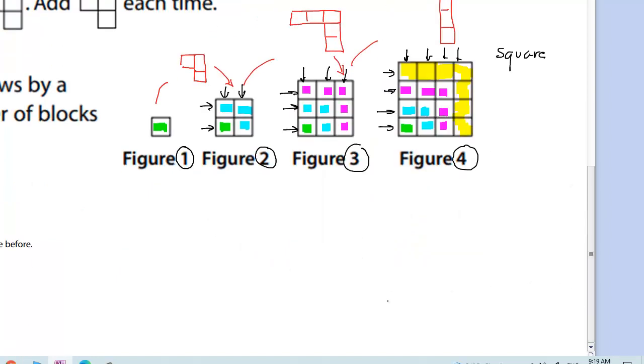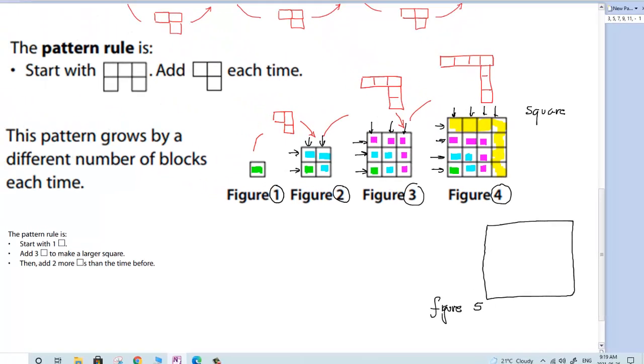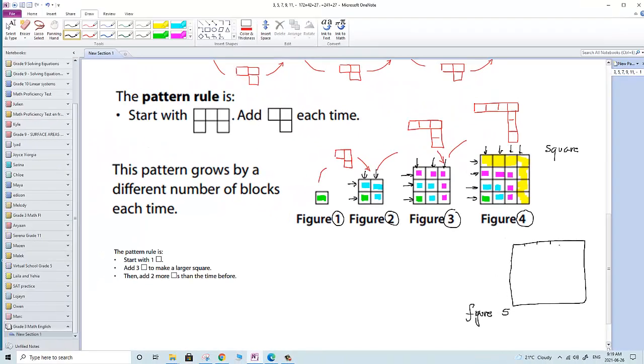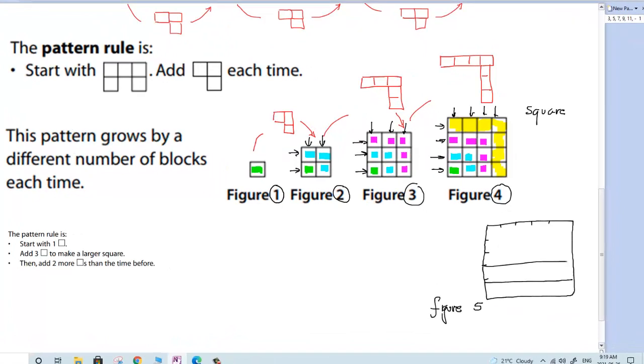So if someone asks me, can you predict figure number 5? It's easy. I can say this is a large square that has 1, 2, 3, 4, 5 across and 1, 2, 3, 4, 5 down. I know my drawing is not perfect, but I'm doing my best.